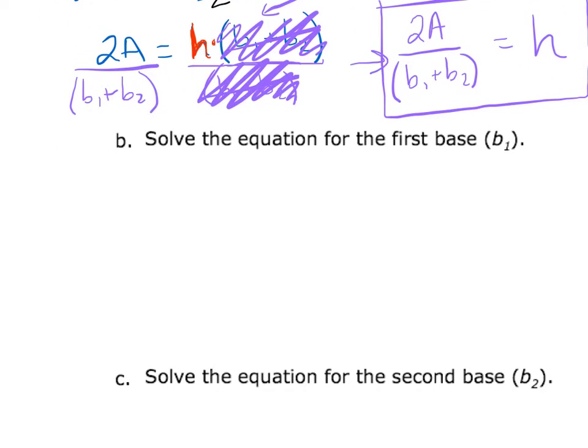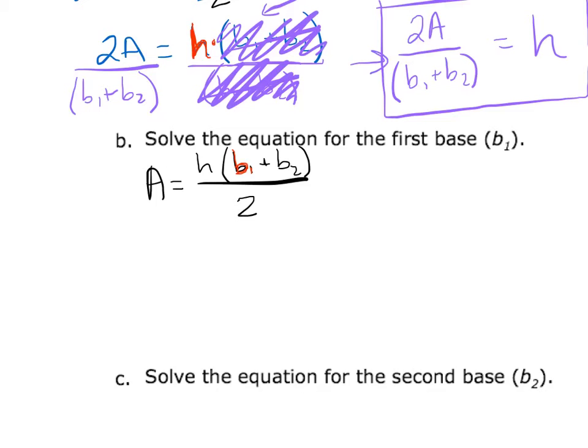So again, I'm going to write the equation down. And this time we want to get b1 alone. We want to get that one alone. So again, systematically we need to get rid of everything else.